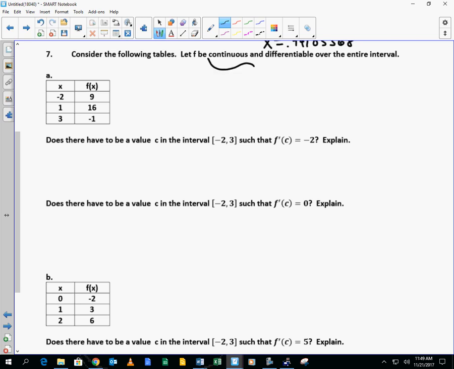And if that's the case, then the mean value theorem applies. So that's in play. So here's some table values. And it says, does there have to be a value c over the interval -2 to 3 such that the derivative is equal to -2?